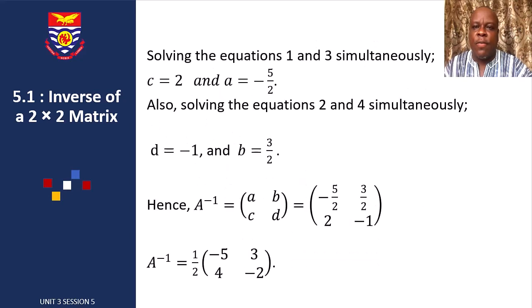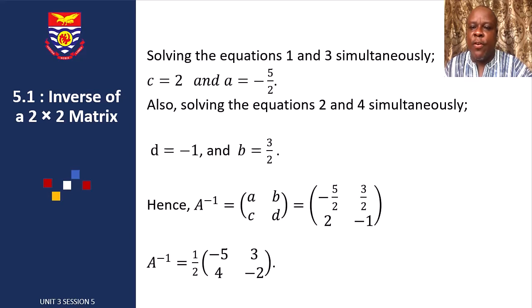Let's now solve the 4 equations simultaneously. We will first consider equations 1 and 3. Solving them simultaneously, we arrive at c to be 2 and a to be negative 5 out of 2. Also, we will solve equations 2 and 4 simultaneously, and that will give us d to be negative 1 and b to be 3 out of 2.